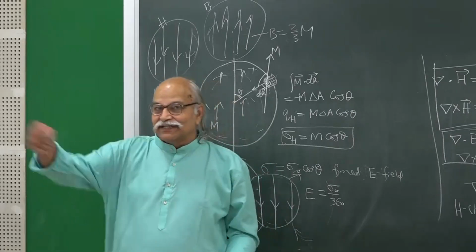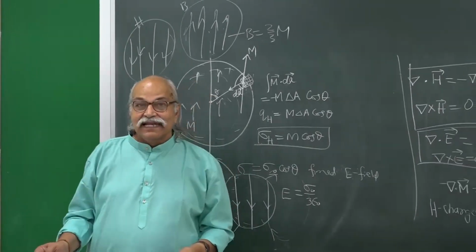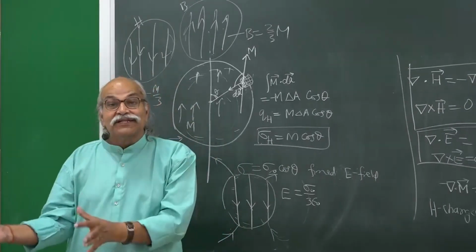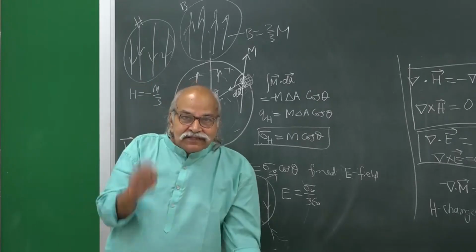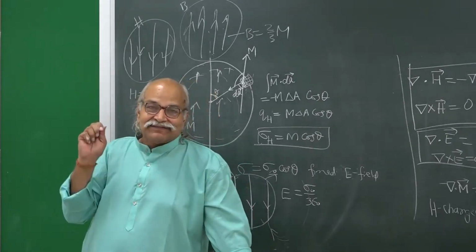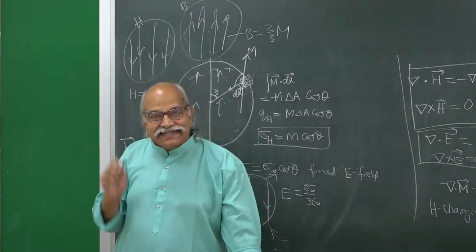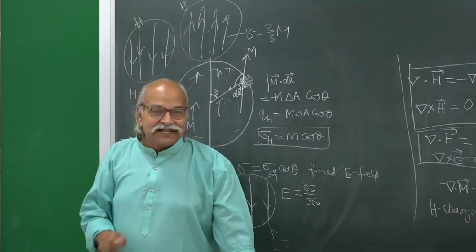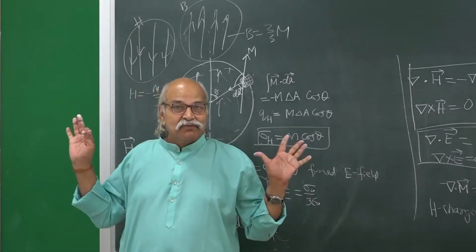Divergence of H is something, and curl of H is 0 if there are no free charges, and therefore we can use this electrostatic analogy. So we do not have real H charges, we do not have H surface charge density at the end of the magnet, but this model is very good.